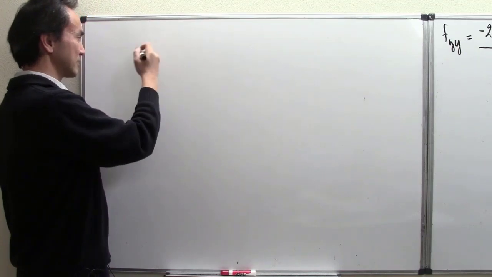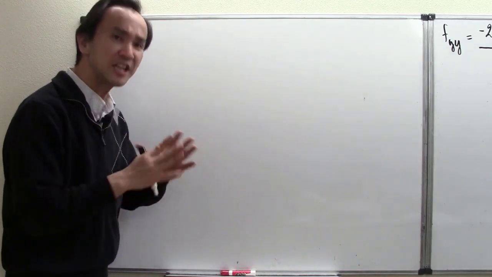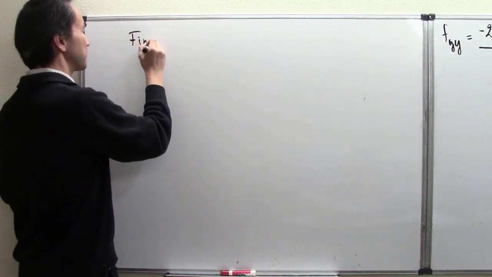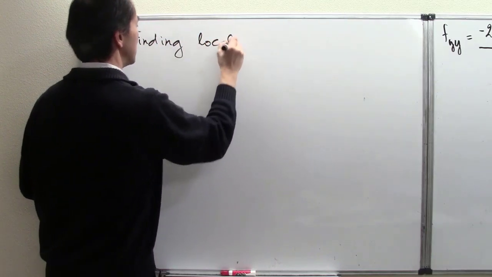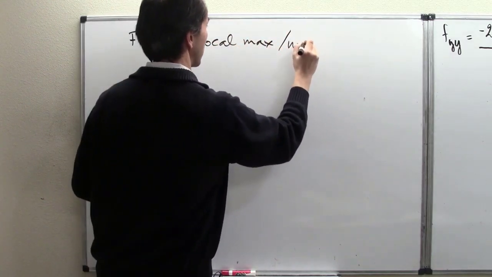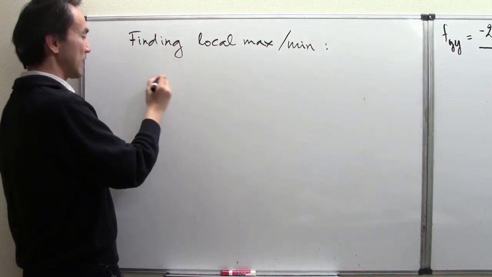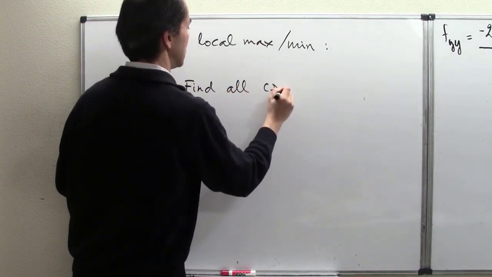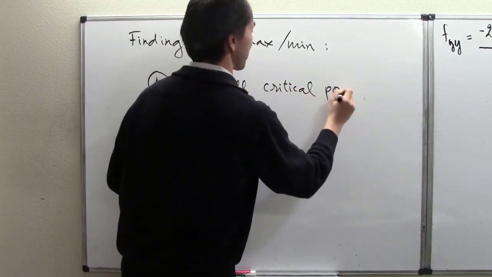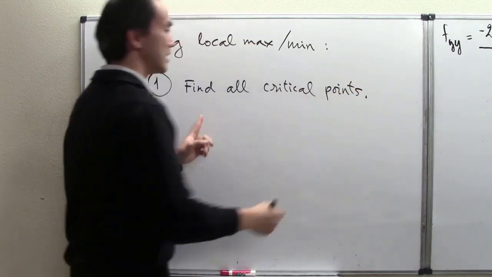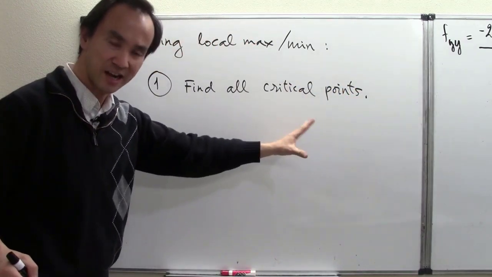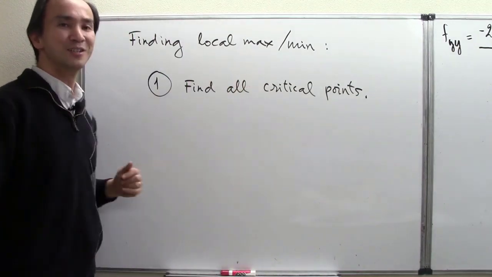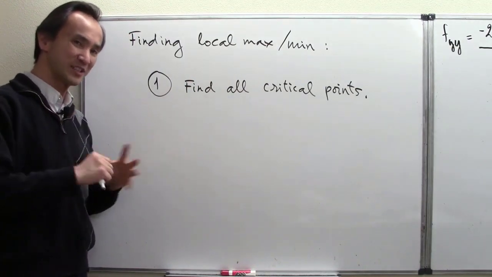Example 1 brought out the first step any time you're finding a local maximum or local minimum value: we have to find all critical points. And the method is carried out just like how we did example 1. Example 1 really brought in the first step in the method of how we find local maximum and minimum values, after we put all three examples together.